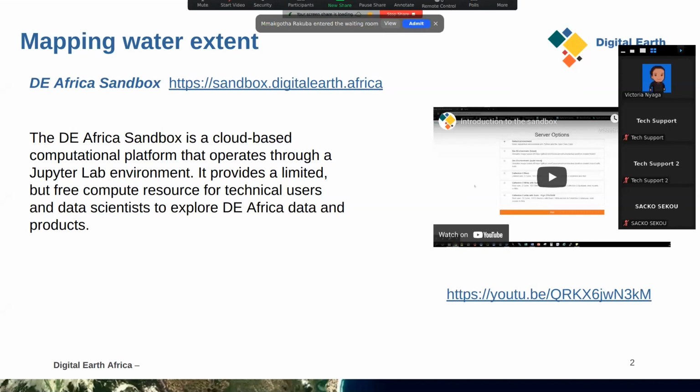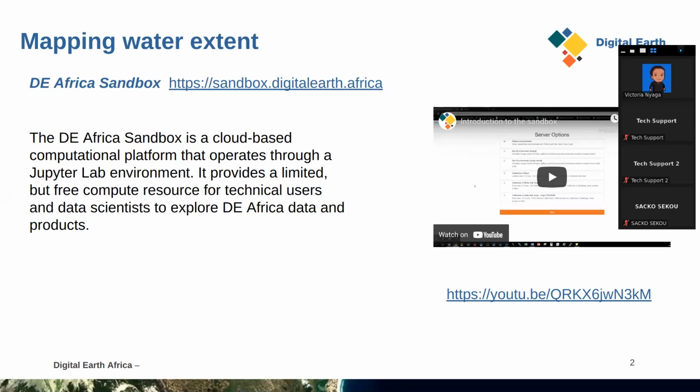For those who are new, the Sandbox is a cloud-based computational platform that DE Africa provides that operates through a Jupyter Lab environment and gives you a free but limited computer resource. I think the biggest sandbox is 32 GB, and you can use it to explore the DE Africa data and products, and also run your own analysis using the notebooks that we provide, or you can customize them to run your own unique analysis.